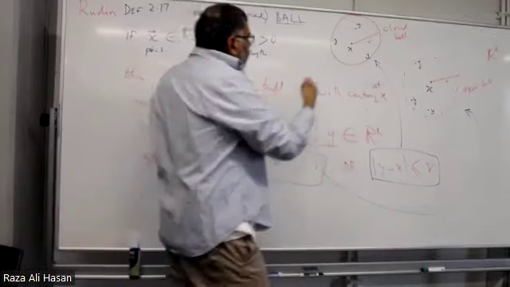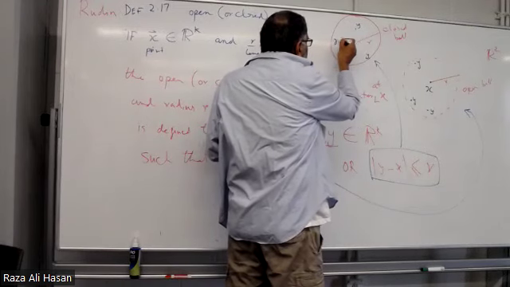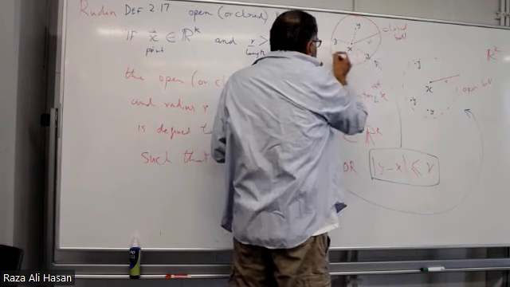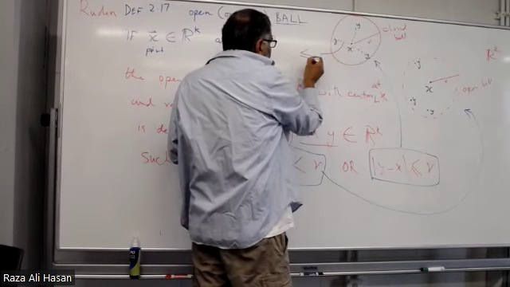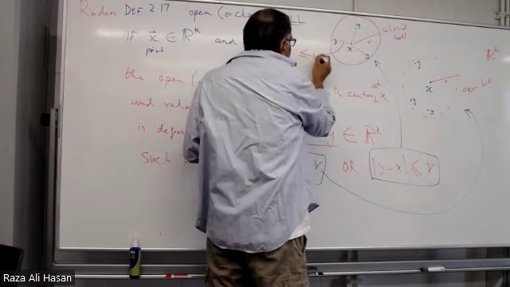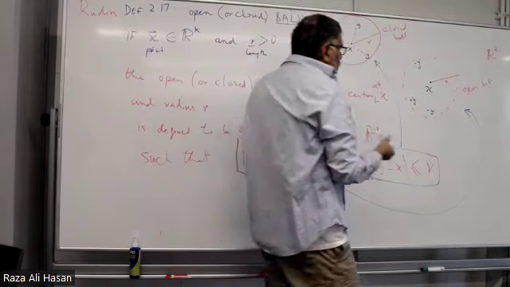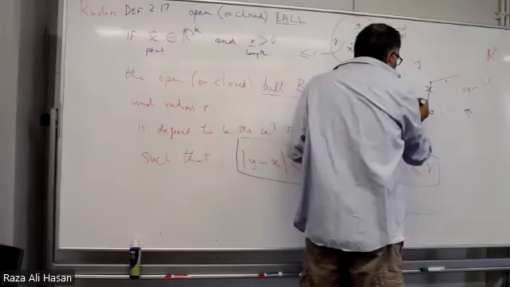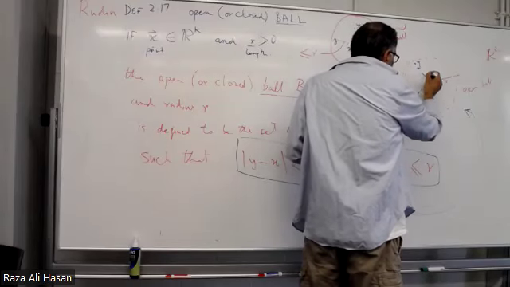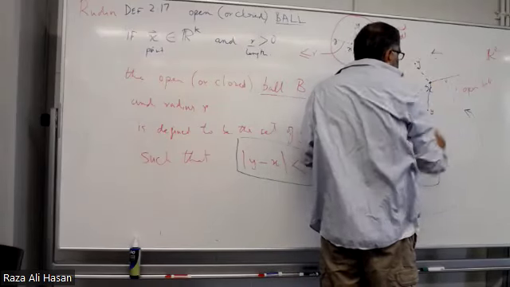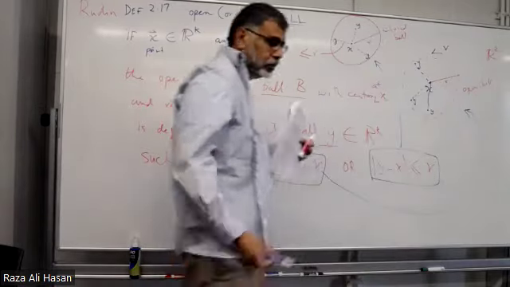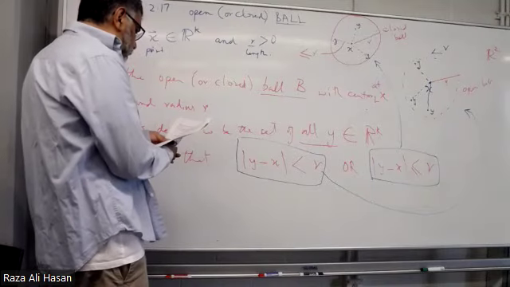And here, every distance between each of these points is less than or equal to r. Here, every distance from y to x better be less than r.